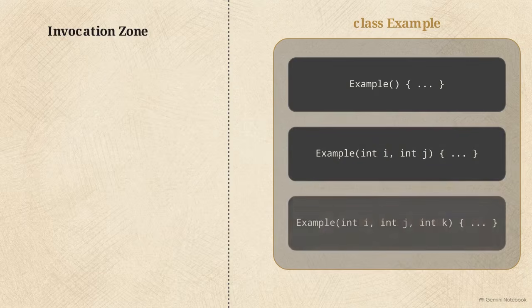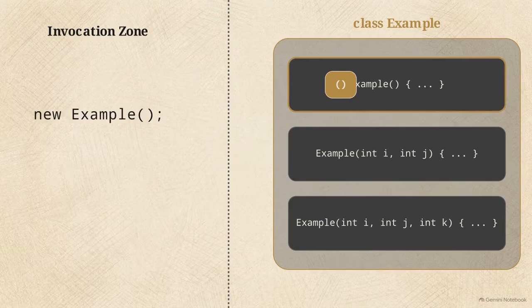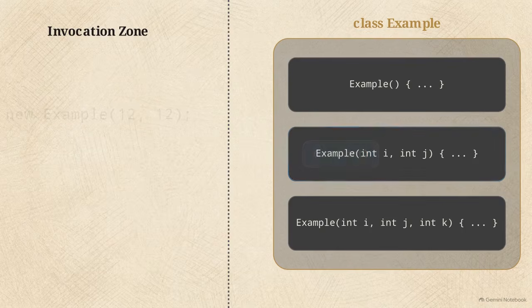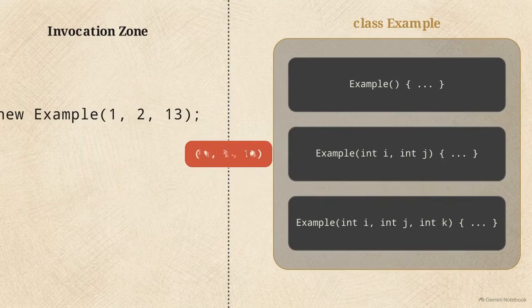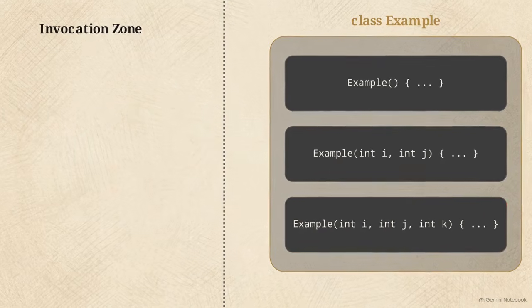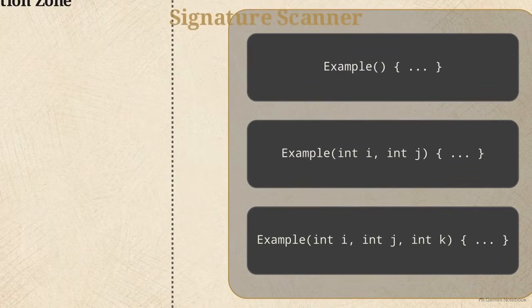The right side houses 3 distinct constructors, a default, a 2-parameter, and a 3-parameter version. On the left, issuing a basic new example call routes execution directly to the no-argument default constructor block. When the call is new example 12, 12, the JVM bypasses the default setup and routes specifically to the constructor built to handle 2 integers, and the call providing 1, 2, and 13 routes exclusively to the 3-integer constructor.